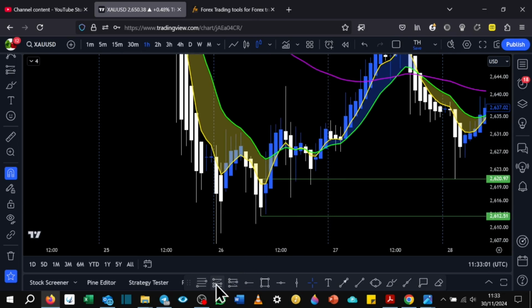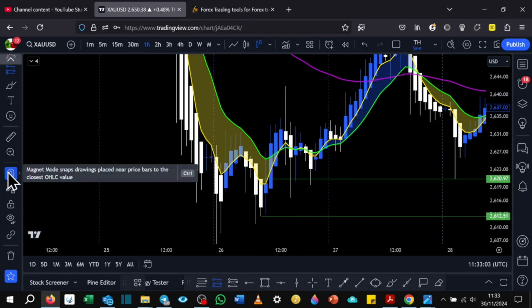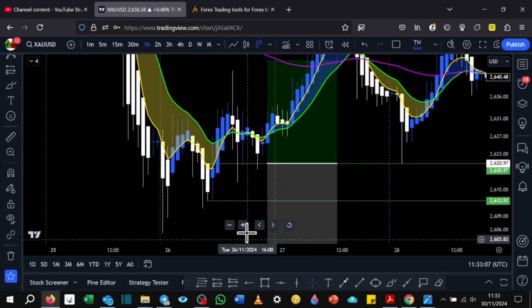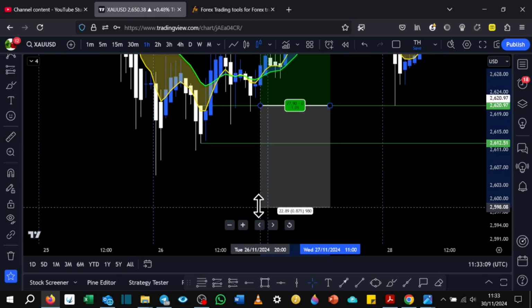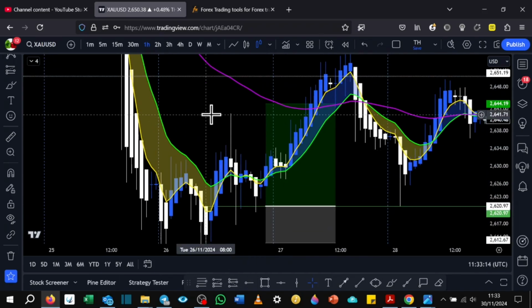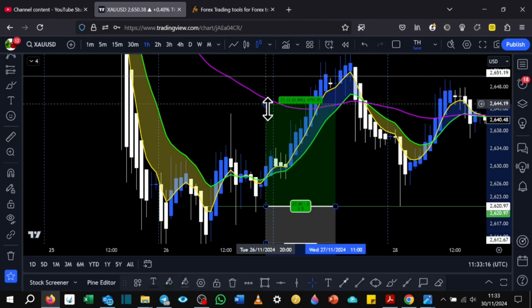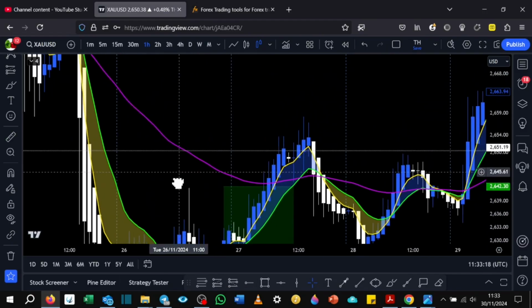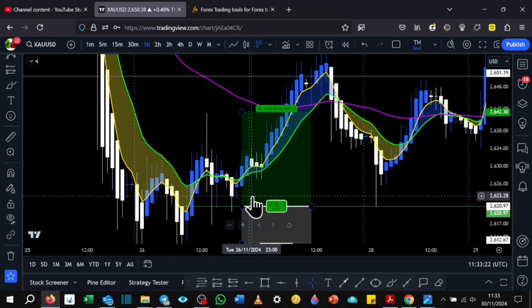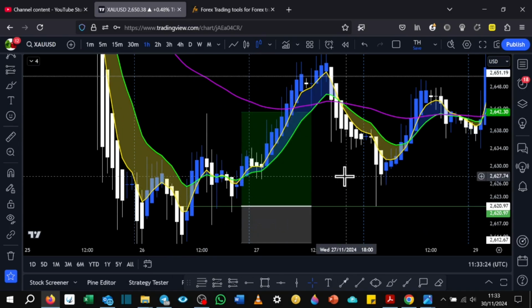So we want to go for a long here. Buy limit or market execution, stop loss is going to be here, and then take profit was there. So I've given the entry.